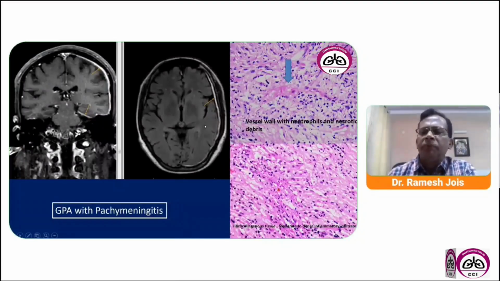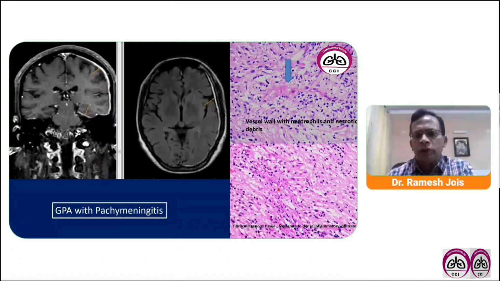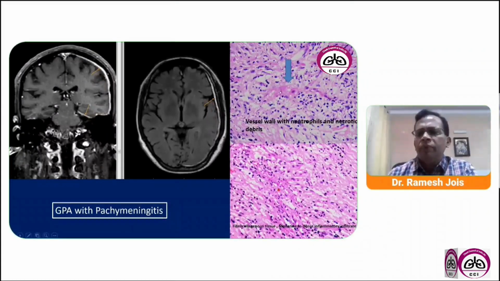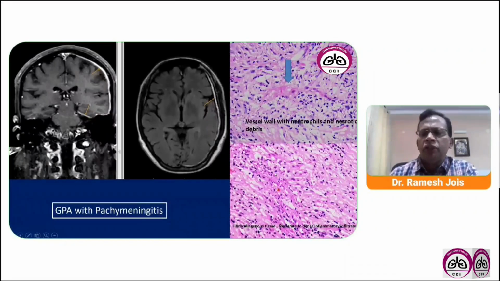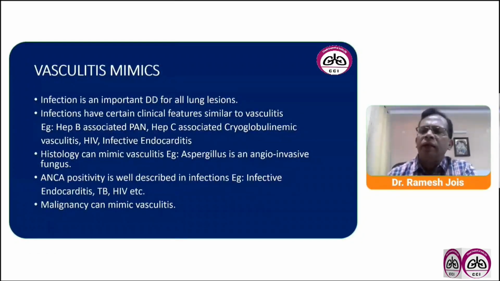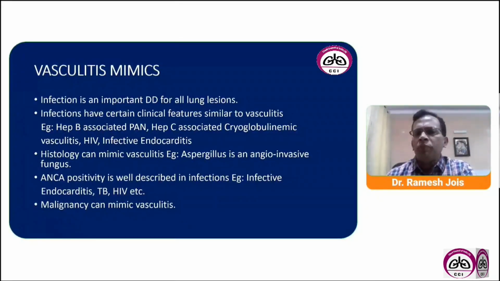In a patient with pachymeningitis, infective causes like tuberculosis or malignancy and other things have to be excluded. A dural biopsy, a meningeal biopsy, was taken, which showed vasculitis. So even if the site is difficult to access, it is important to push for a biopsy, because without that, many times vasculitis cannot be diagnosed.